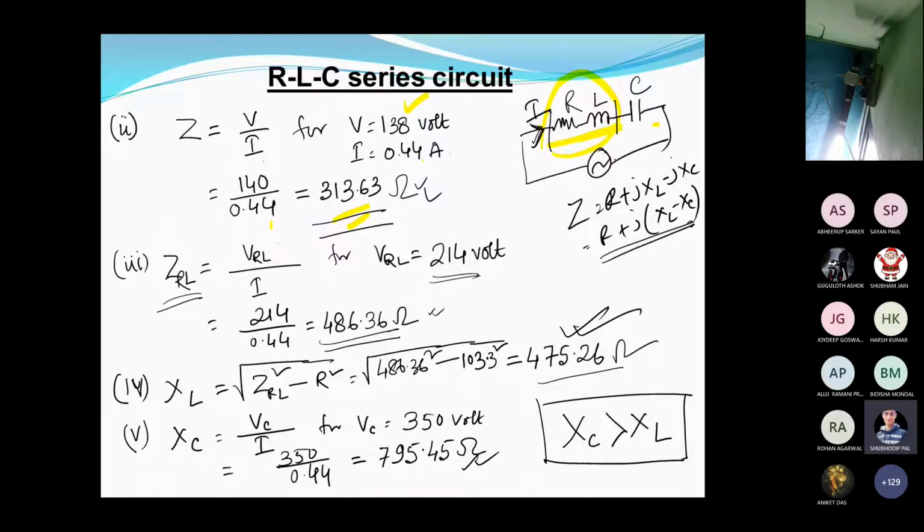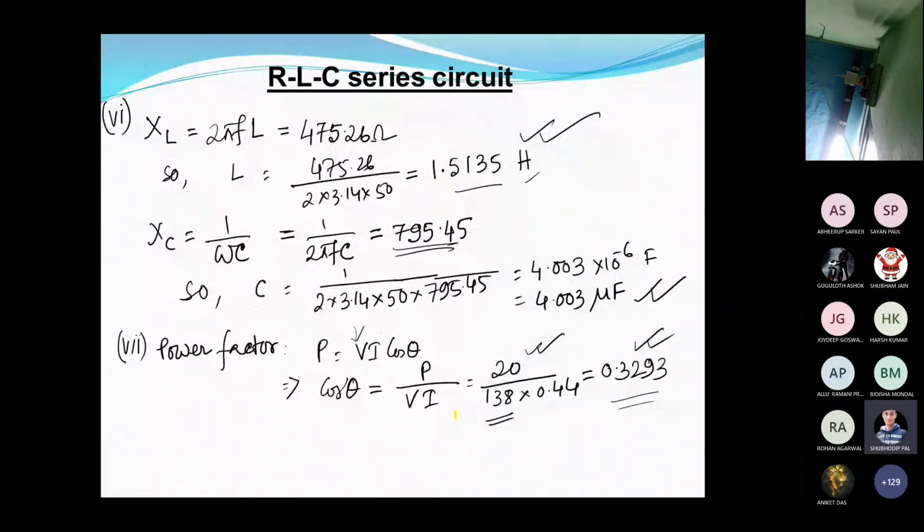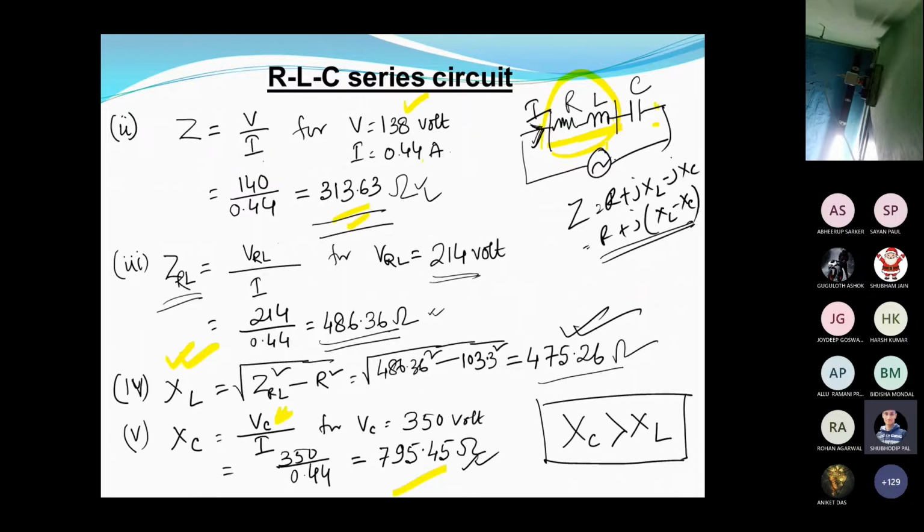So from here you can calculate XL also. Similarly, how to calculate XC? The voltage VC is obtained from the meter, and the current is the same current. So VC by I is XC, right? Once XC is found, XC equals 1 by 2 pi F C, so you will be able to know the C value. All right, students, I hope you are following, right?